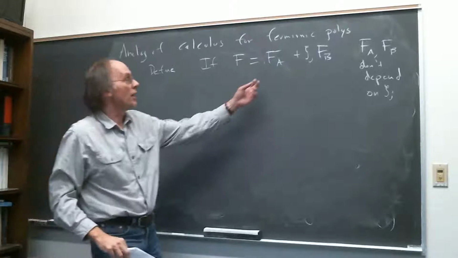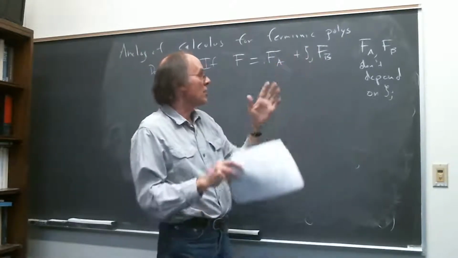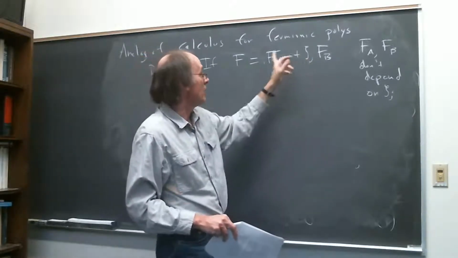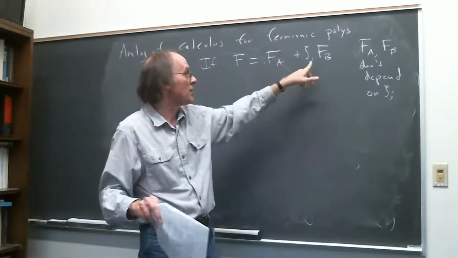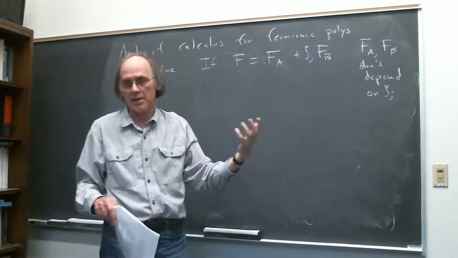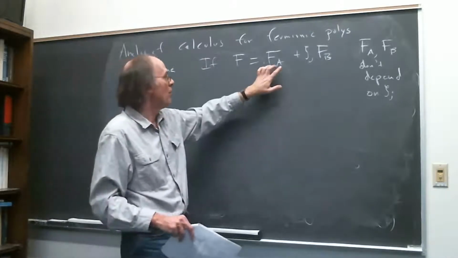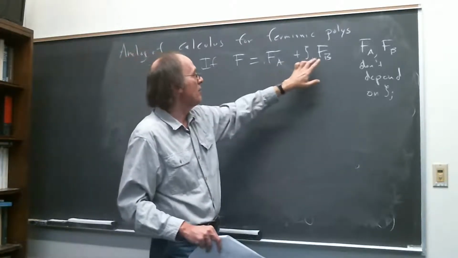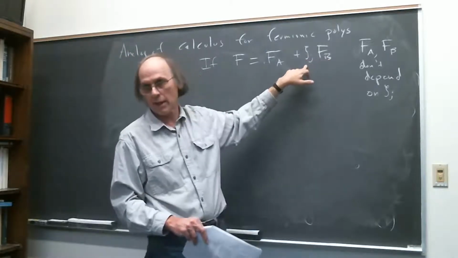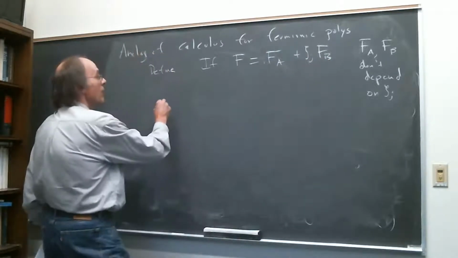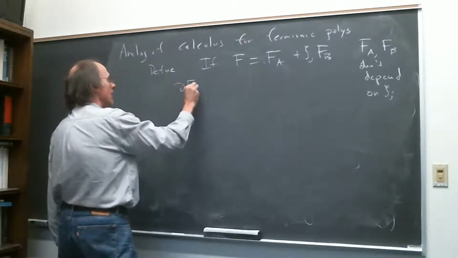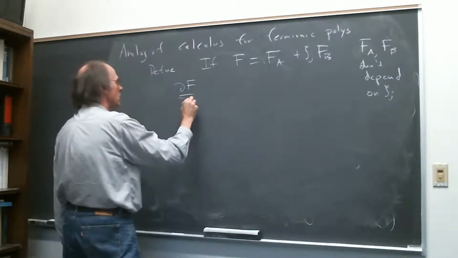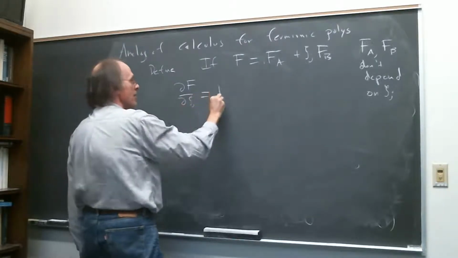The thing about these is you can always, up to a minus sign, move the order of things around. These fermionic polynomials, for a given j, either have a psi j in them or they don't. Put the things that don't have a psi j on one side, put the things that do have a psi j in this form over to the left, then you define the derivative of f with respect to psi j to be f_b.